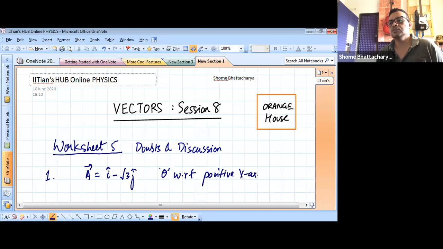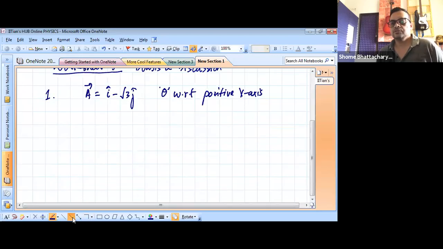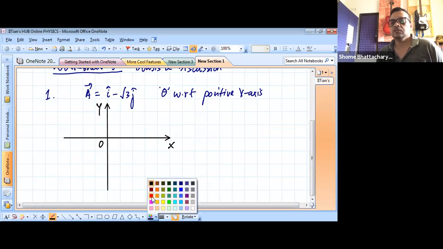So what we do is we just understand from the components of the vector that if you were to draw this vector with respect to your xy axis, its angle would lie in the 4th quadrant, because the y component is negative and the x component is positive.